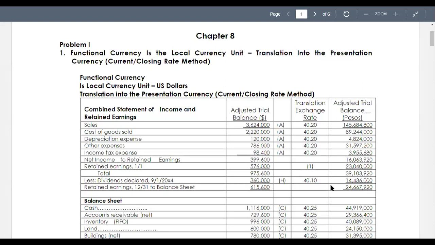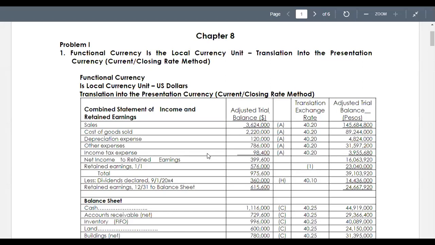So assets and liabilities to be recorded using the current or the closing rate, specifically the spot rate on the balance sheet date. Now you have there the definition of your spot rate. Your revenue and expense accounts, as mentioned earlier, they will be recorded by using the average rate, because it's difficult to use historical cost.